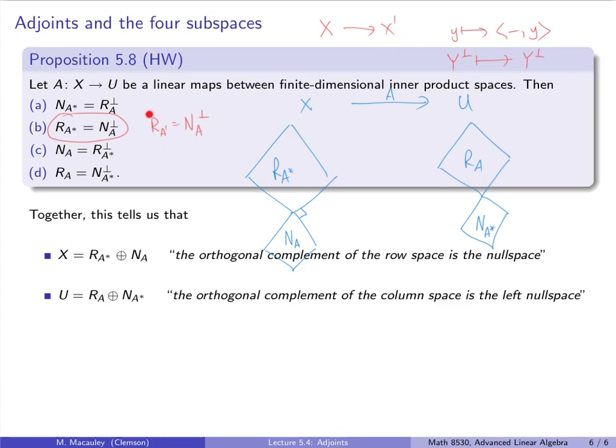So my proof of this in a prior lecture basically carries over line by line because I used scalar product notation. If you just call that an inner product, it carries over for this, and then the other three parts just follow from this. If you apply perp to both sides of part B, you get part C, and then it's not too hard to get part A and part D from this as well. So I will leave that on the homework.